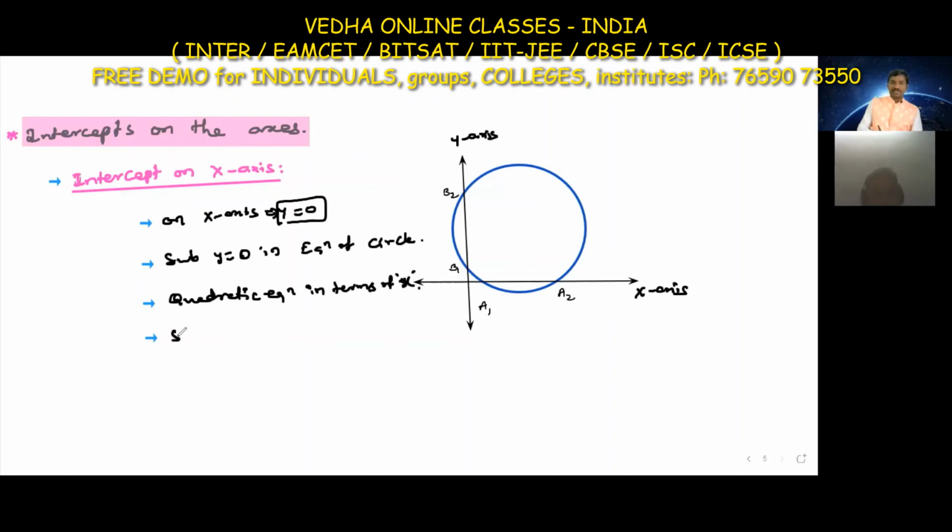We solve for the x values, and after getting the x values, the absolute algebraic difference of the x values is equal to the length of the intercept on the x-axis.